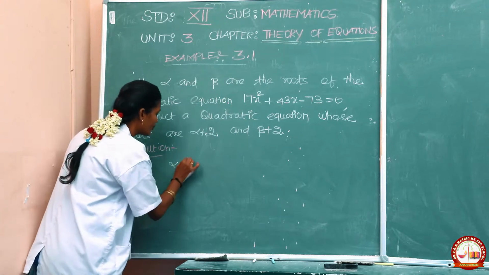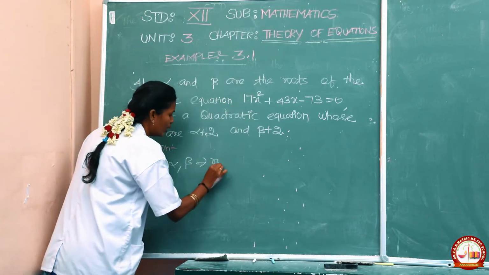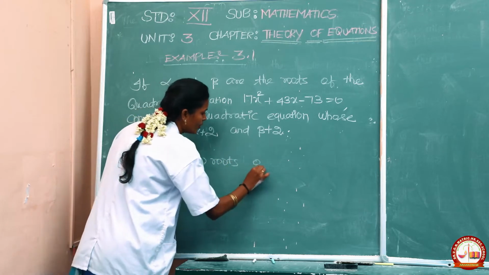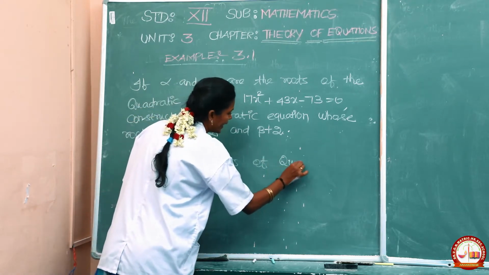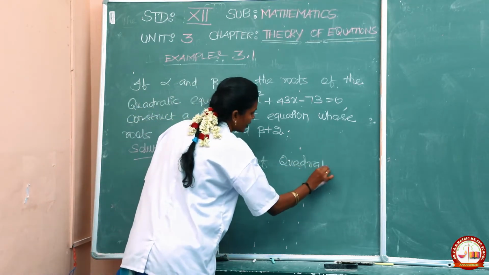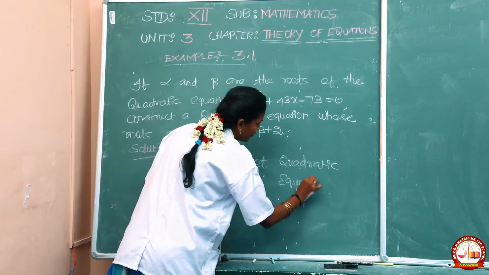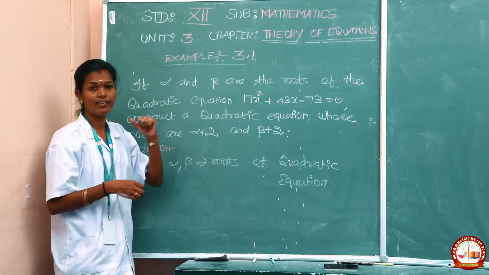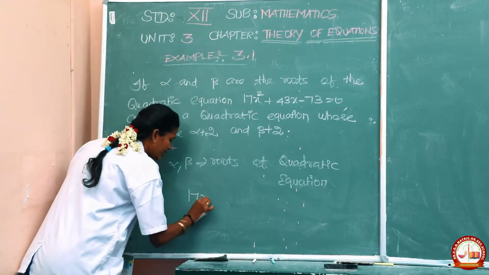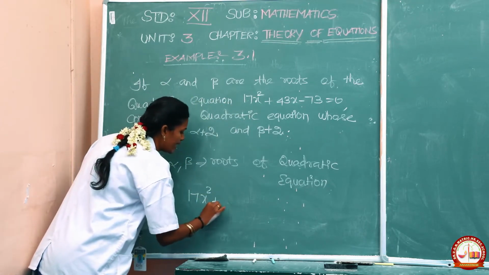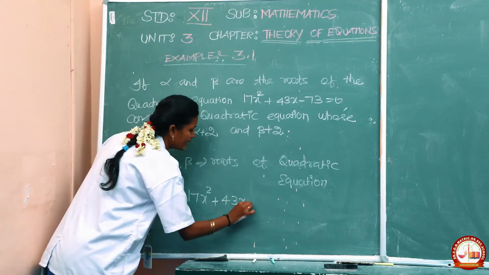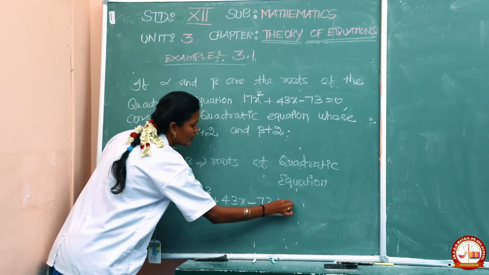If alpha and beta are the roots of the quadratic equation 17x^2 + 43x - 73 = 0.